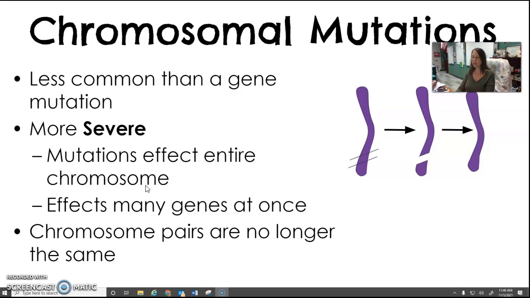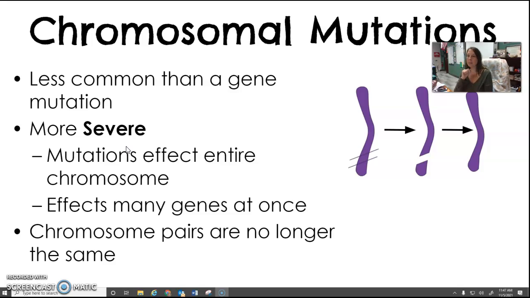It says gene mutations are usually less severe than chromosomal mutations. And this shows us that chromosomal mutations are more severe. So this one says gene mutations are usually less severe. Is that going to be true or false? Yes, that's going to be true.